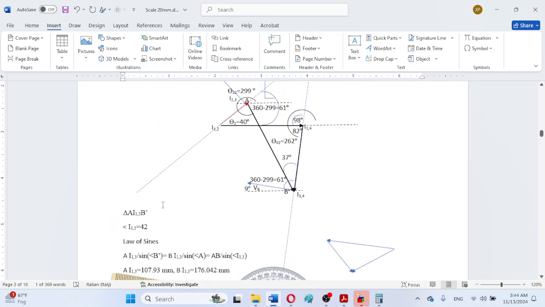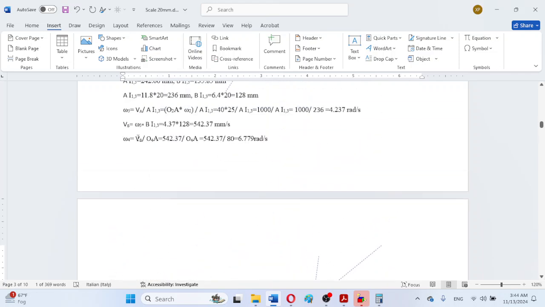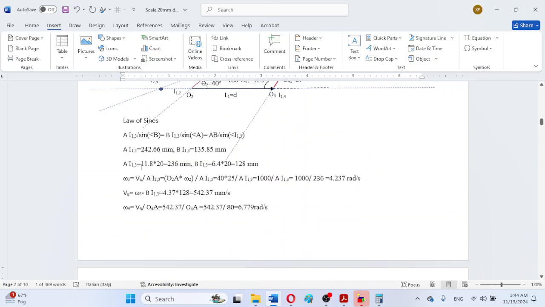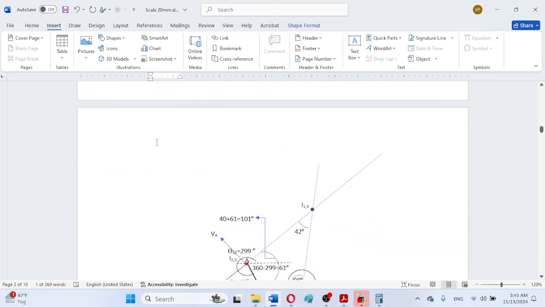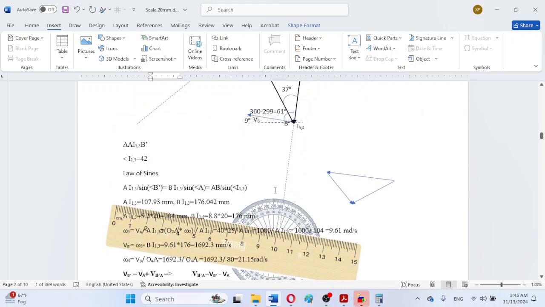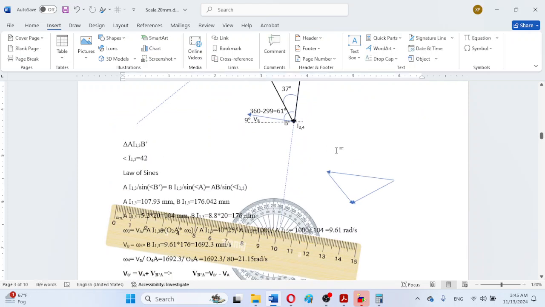So just copy any label from here and paste it here.